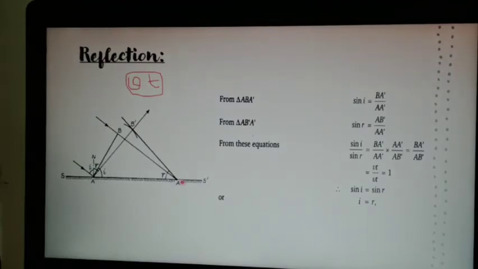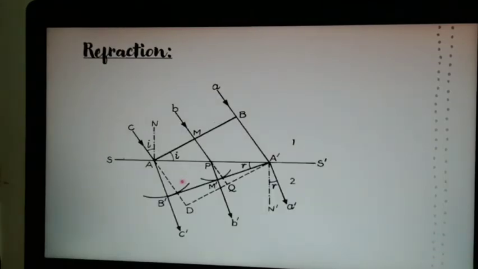Now we can go for refraction. That is also very simple. See, here S dash is the refracting surface. This is medium 1, this is medium 2. And see, AB is the incident wavefront. A, B, C are light rays.